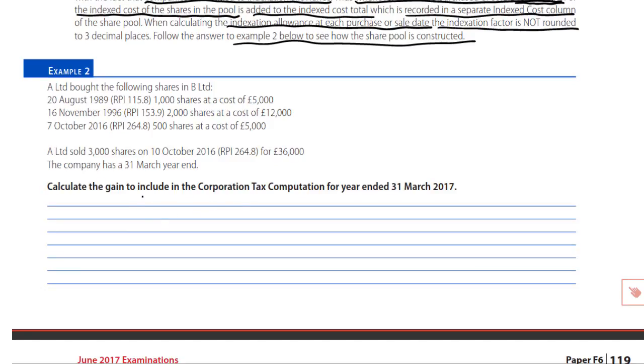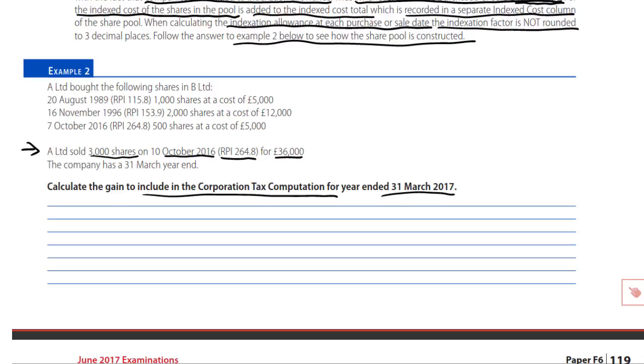Calculate the gain to include in the corporate tax computation for our year ended March 17. The important information: A Limited sold 3,000 shares in October 16, at which date we had an RPI of 264.8 and our proceeds were £36,000.